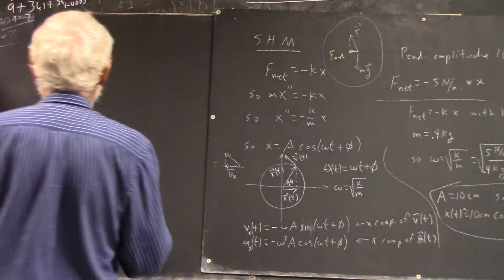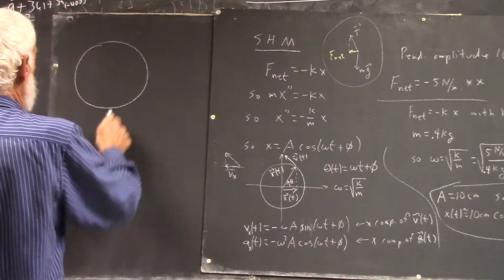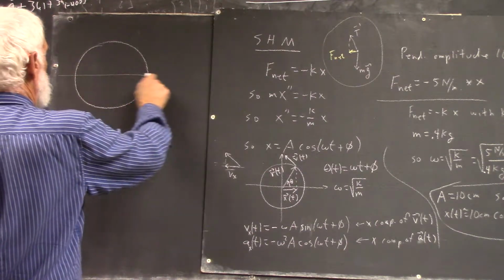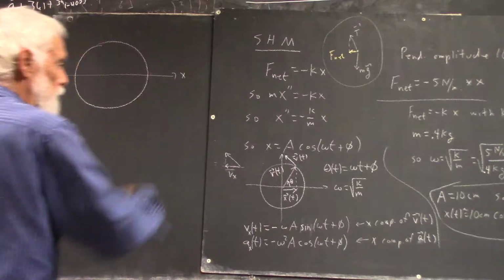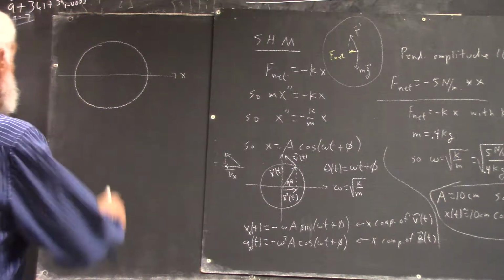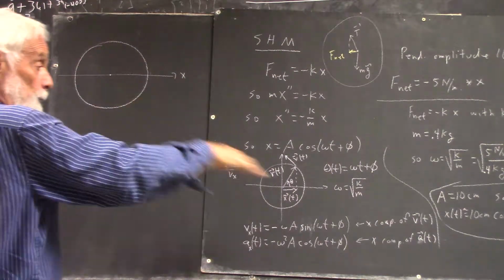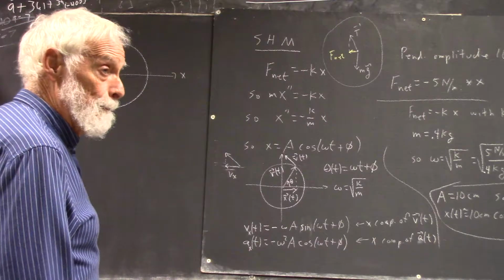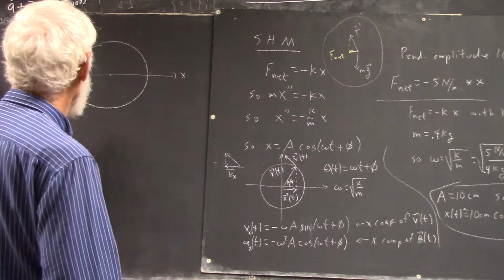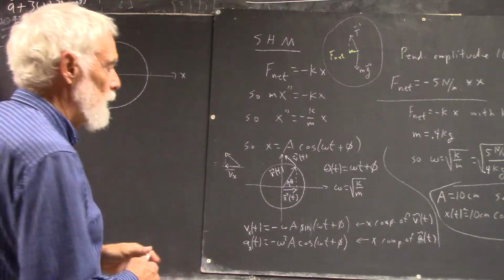So here's your circular model again. And here's your x-axis, which is the only one that matters, so I'm going to only draw it in. Okay? I mean, you could do it with the y-axis as well, but we're doing it with the x-axis. Okay? And in fact, you could do this with any straight line through the origin, which would also be a way of accommodating phi.